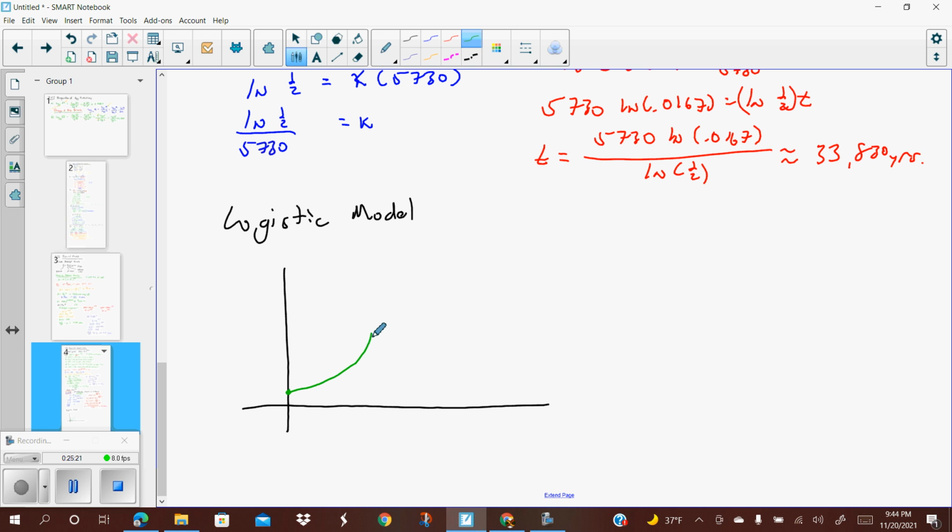And then exponential growth just keeps going up. The logistic model, at a certain point, will actually start to level itself off in this manner, and will continue along some kind of a horizontal asymptote up here. Whatever this value is up here, it's going to level itself off. The value up there is what is called the carrying capacity.